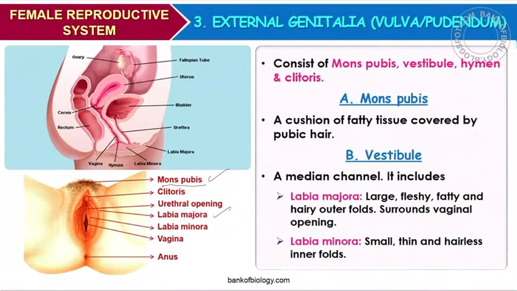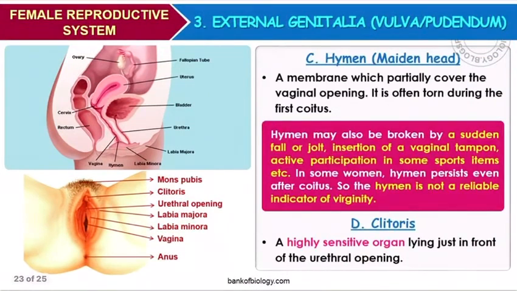The vestibule is a median channel. It includes the labia majora, the large, fleshy, fatty, and hairy outer folds surrounding the vaginal opening, and the labia minora, the small, thin, and hairless inner folds. These are the coverings of the vagina.